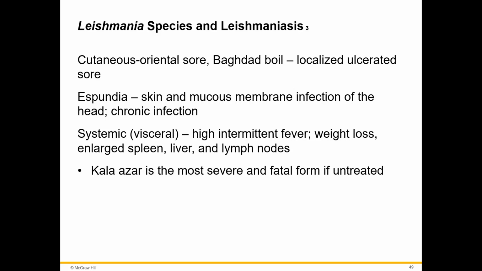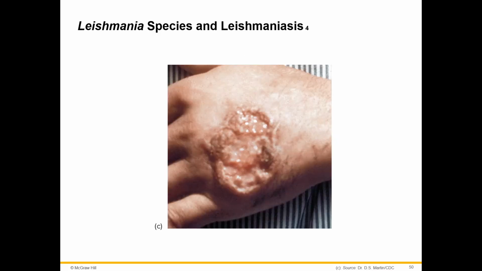So when you're doing that, your spleen gets kind of huge, and then you get your lymph nodes becoming enlarged as well. And so we can have Kala Azar, and this is basically the most severe and fatal form of leishmaniasis if you leave it untreated.